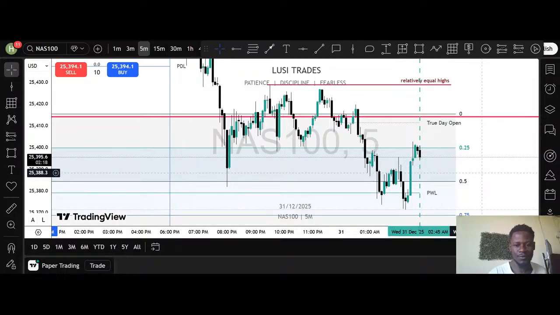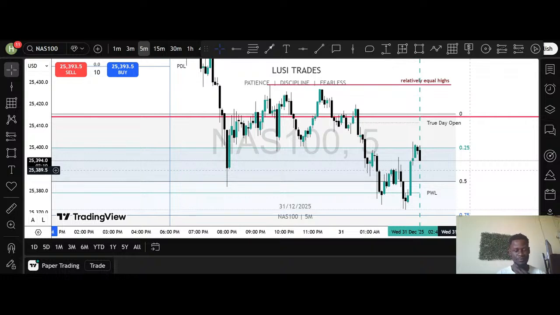So the 25 quadrant level. So we see it's holding price, but then we have to wait and see. So it's not just a matter of acting. So we just have to wait.